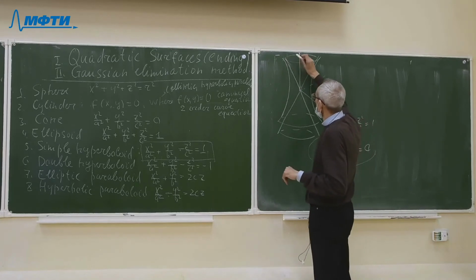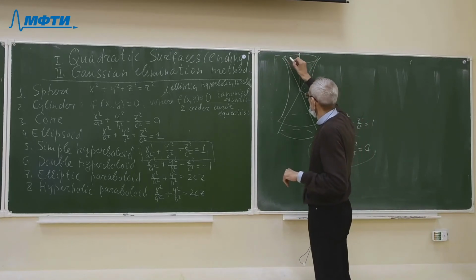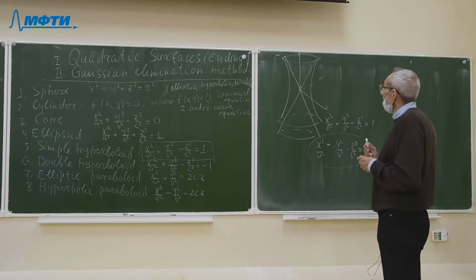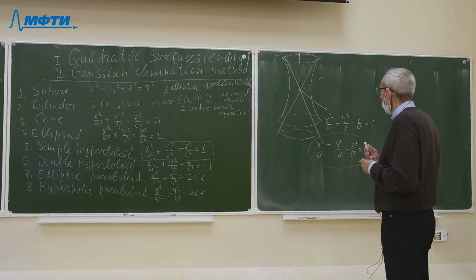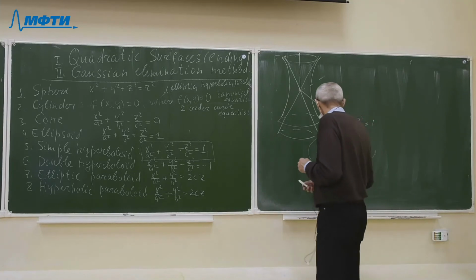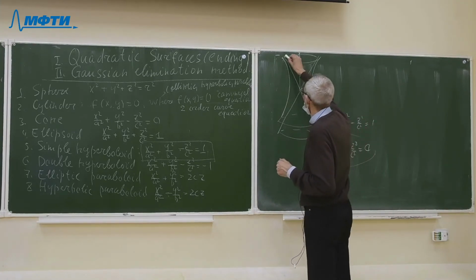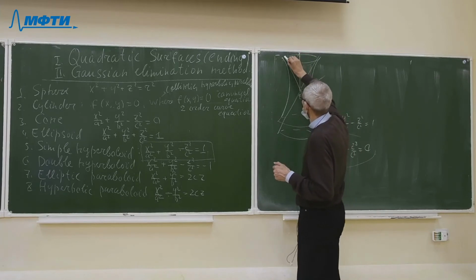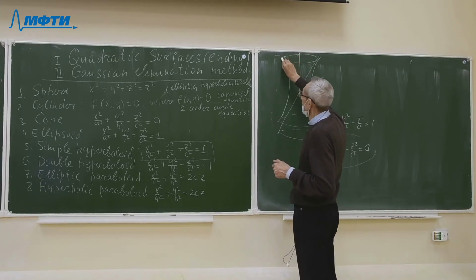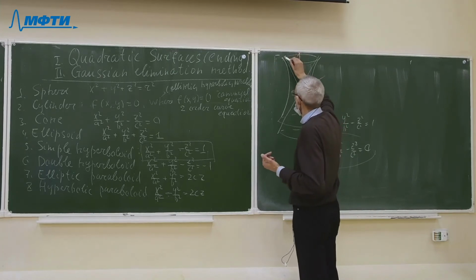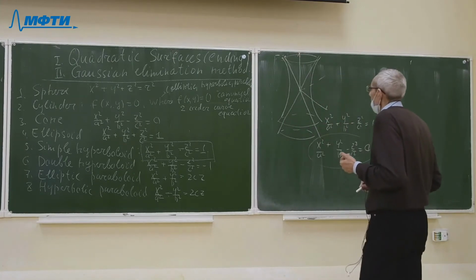If you consider two points, one of these points lies on the cone, and consider the distance between this point and the hyperboloid, the infimum of distances between this point and all points of the hyperboloid.